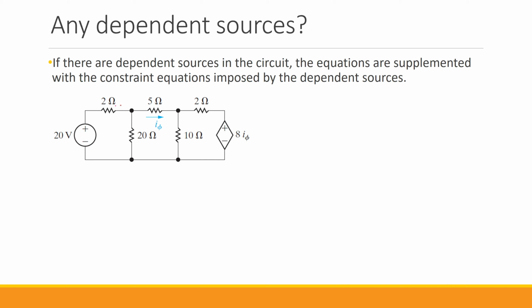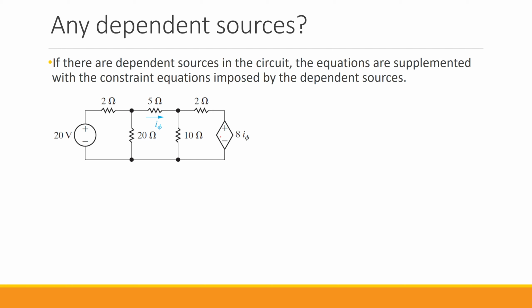We have two 2-ohm resistors, one 5-ohm, one 20-ohm, and one 10-ohm. And here we have this additional current controlled voltage source too, that complicates the process a little bit.